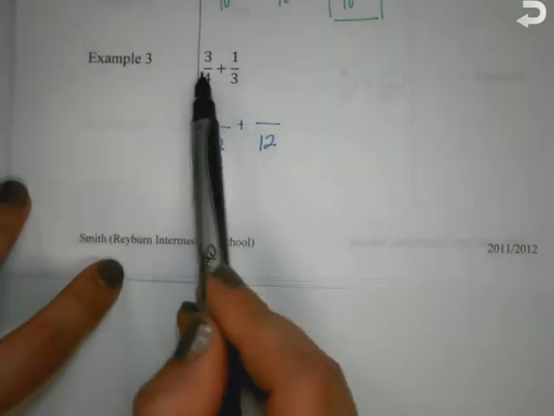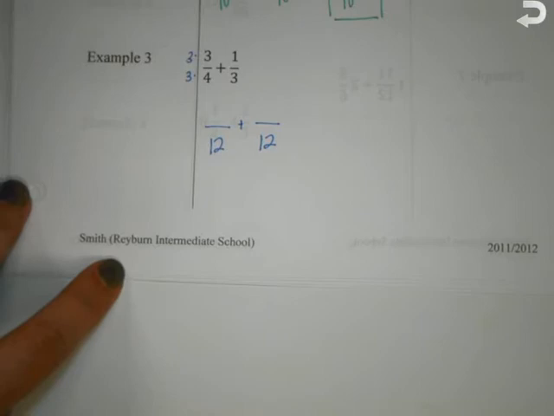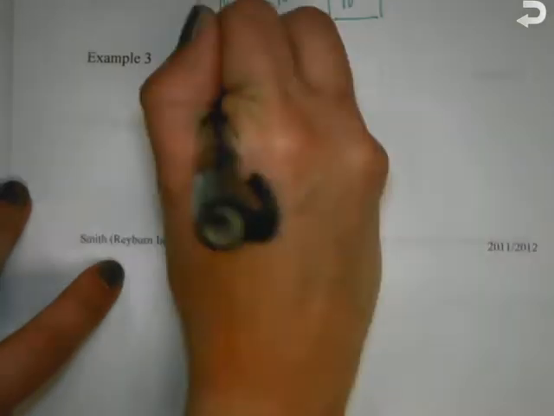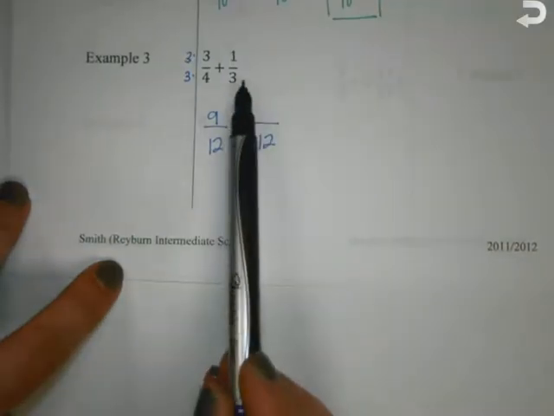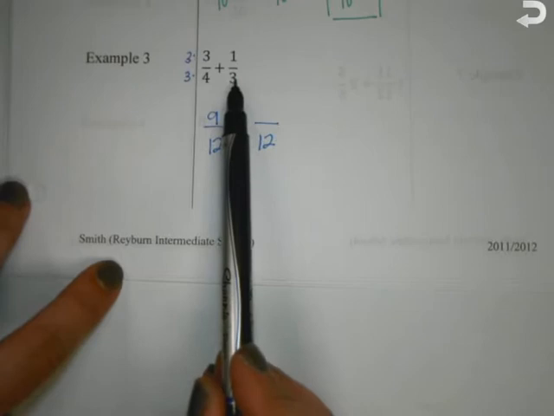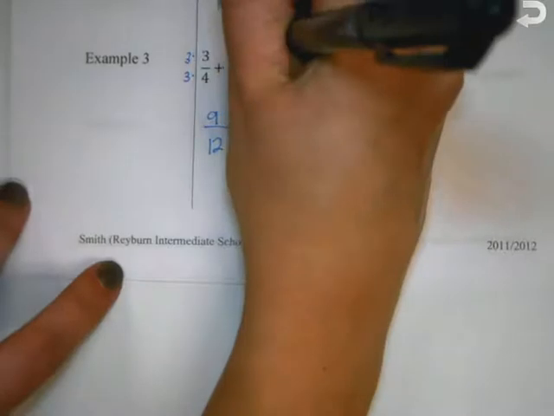So I multiply the top and the bottom by 3. Everybody, 3 times 3 gives me? 9. Okay, what do I multiply by to get 12 on the right-hand side? Michael? 4. Good. 1 times 4 gives me? 4.